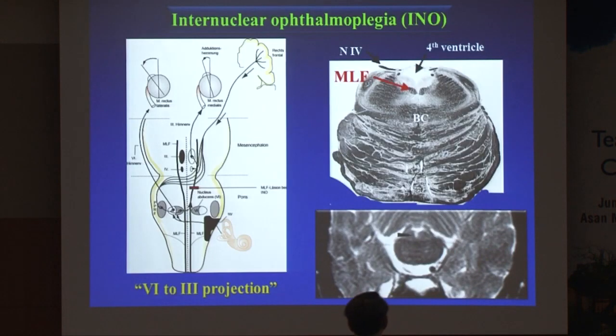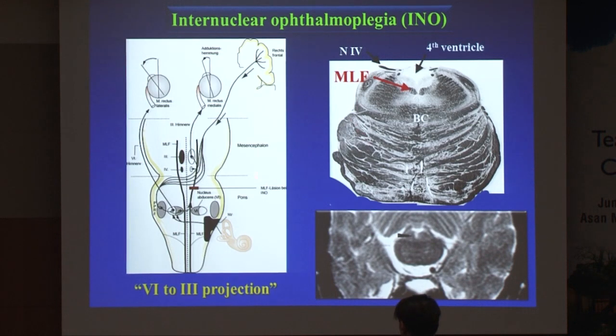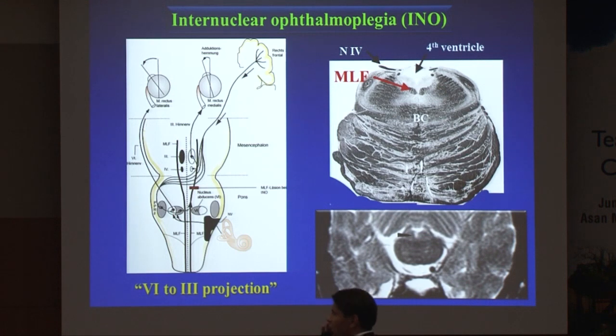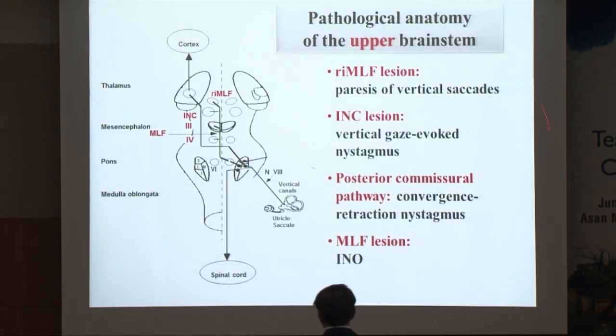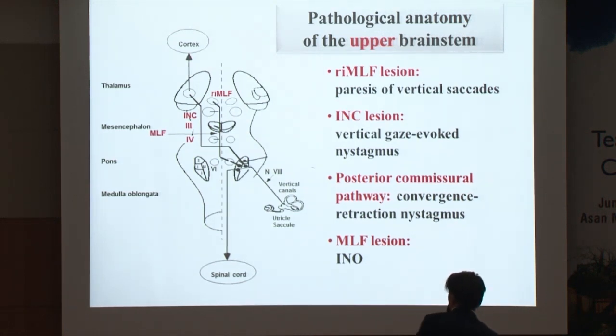You find it in many, many patients with multiple sclerosis, and the reason for that is it affects the medial longitudinal fascicle, which is a long fascicle, which is periventricular, and which is often affected in multiple sclerosis. And the leading symptom is an impairment of adduction, not the dissociated nystagmus. So this is a summary now of the pathological anatomy. If you like, you can take a picture of that.